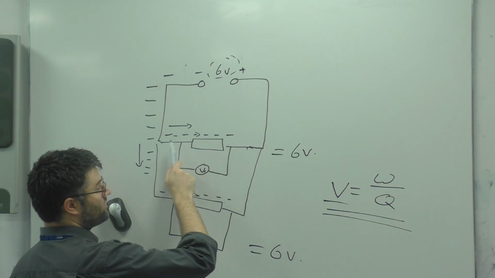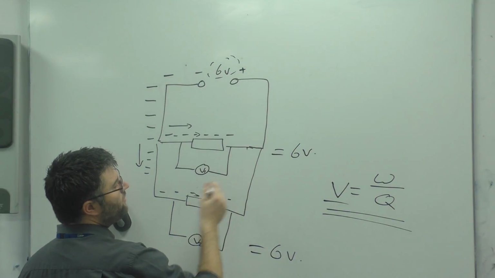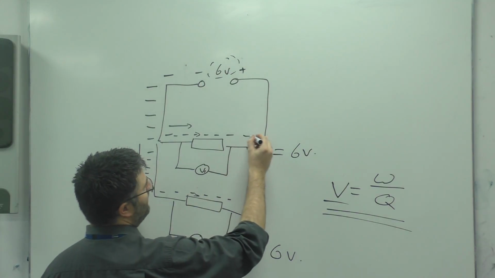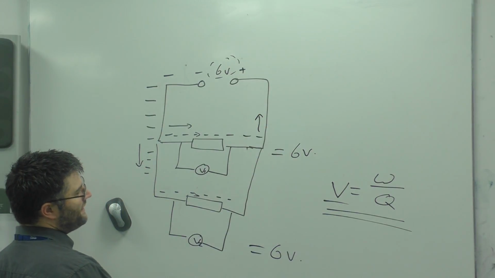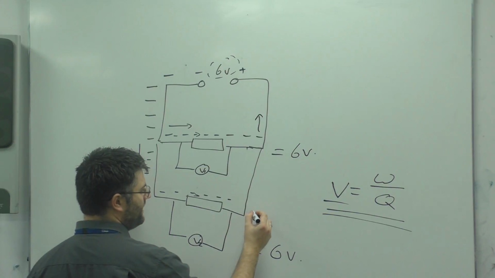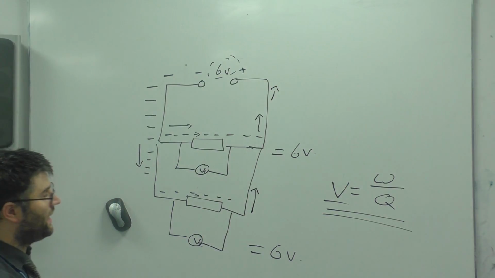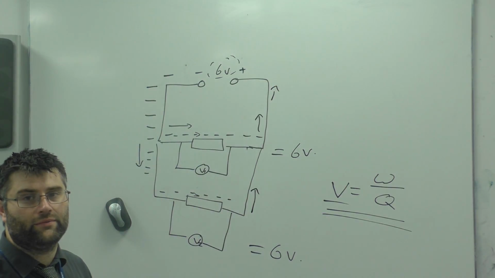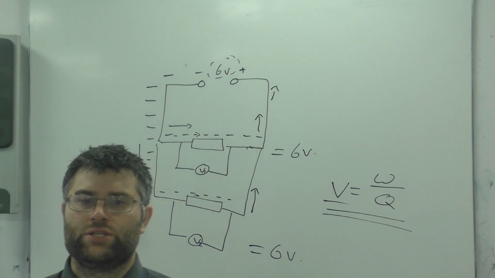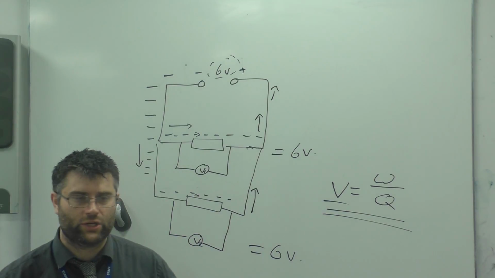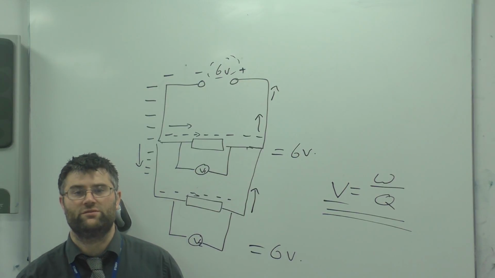They do work as they travel through the resistor, and they come out the other side with all their energy used up, and then they travel back to the power supply to gain that energy back again and start the journey all over again. Same thing here. That's the concept we're looking for. In the next video, we'll move on to the next section and have a look at some more advanced versions.